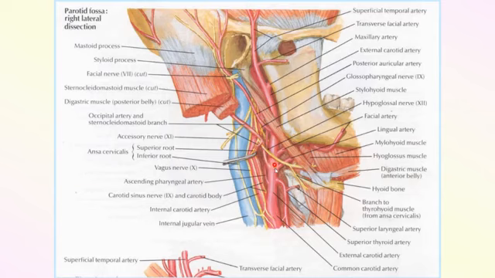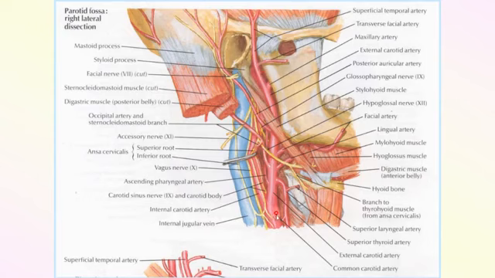The external carotid artery would have passed deep to that, and then also deep to the stylohyoid, which you see right here. And then it will end up terminating into two terminal branches, and that's going to be the maxillary artery, which you barely can see right here, and then the superficial temporal artery. So the external carotid artery will end in two terminal branches, the maxillary artery and then the superficial temporal artery. And we'll talk a little bit more about those in just a second.